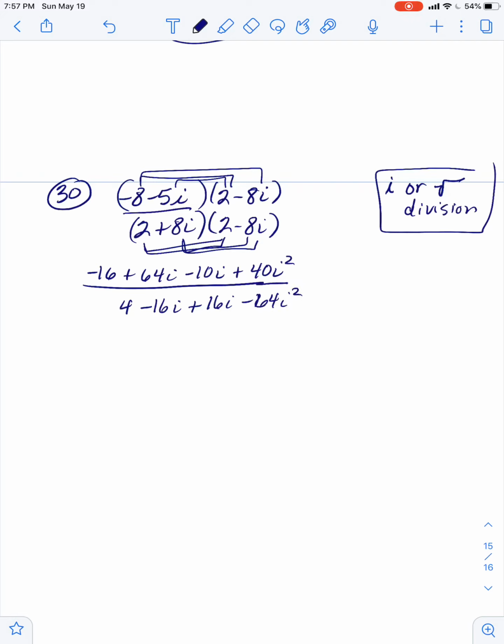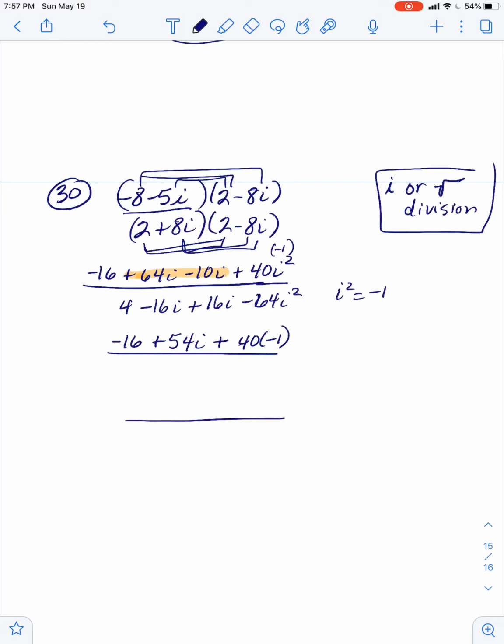Okay, so let's now do some simplifying. So I'm going to combine like terms. So I am combining these. So that's going to give me a plus 54i. And I'm also going to substitute the negative 1 for the i squared, okay? So that's going to be 40 times a negative 1, okay?